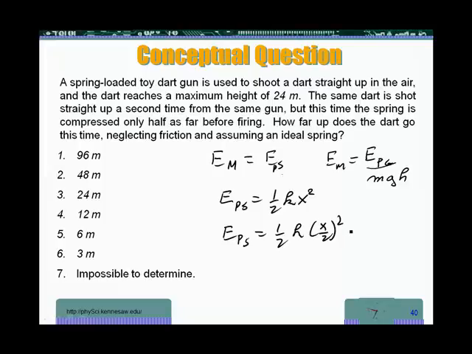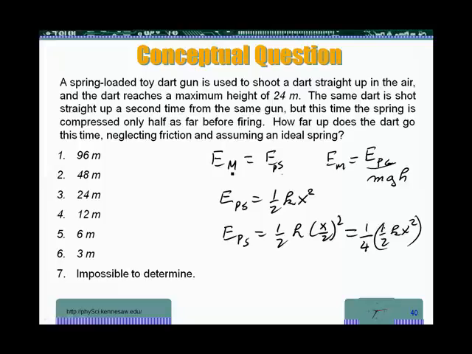So I'm going to have this 2 here in the denominator squared. So that's 1/4 of 1/2 of kx squared. So I'm going to have 1/4 of the spring potential energy, meaning I'm going to have 1/4 of the mechanical energy.